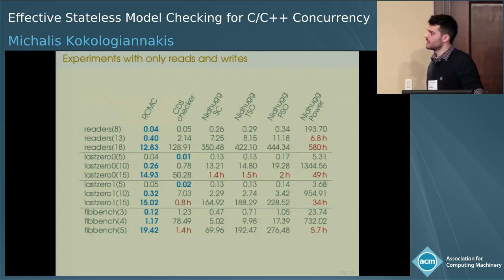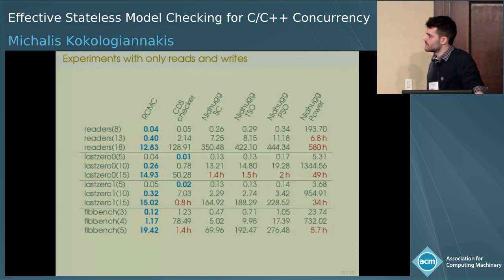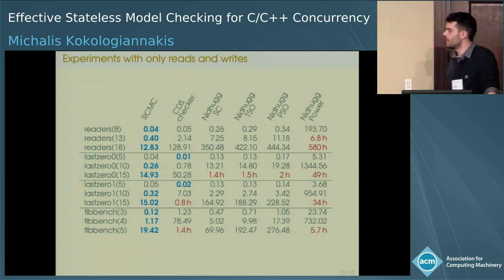So these are some experiments with only reads and writes. You can find more experiments and benchmarks in the paper. In these benchmark names, the numbers next to the name are the number of threads in this particular benchmark. Our tool is RCMC, and we compared against Nidhugg on SC, TSO, PSO, and Power.